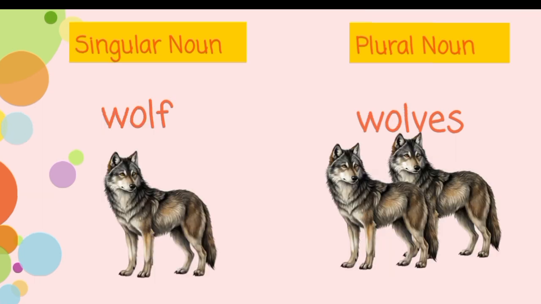Next, we have wolf. In such a case, we have f at the end of the word. Then again, we will replace f with v and then we will add es and it will become wolves. Wolves is the plural noun of wolf and wolf is a singular noun.